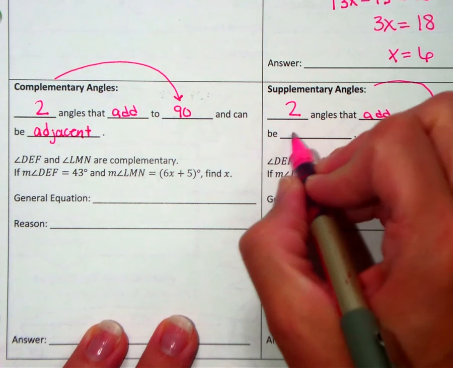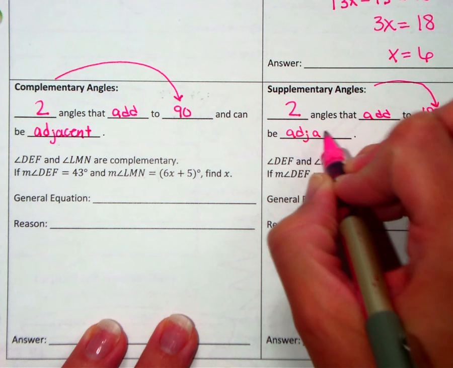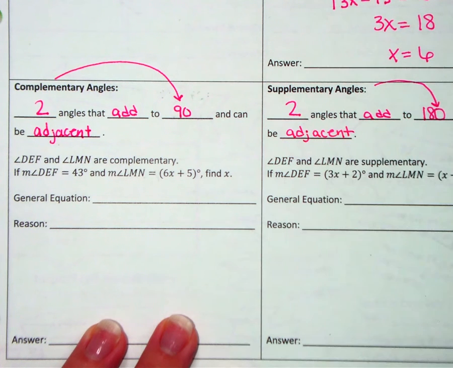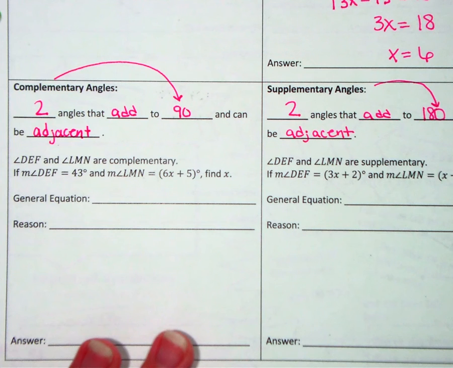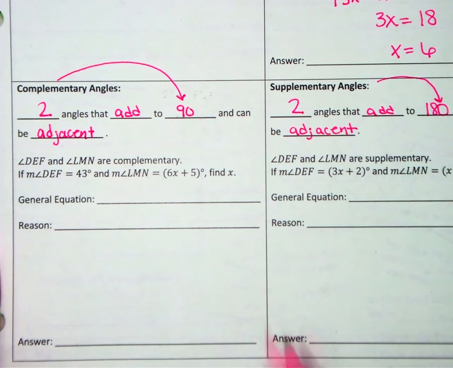So they can be adjacent, they can form a linear pair, but they don't have to. Okay, so that's the difference between linear pair and supplementary. Linear pairs have to be adjacent, they have to be next to each other to form that line, and supplementary angles do not.